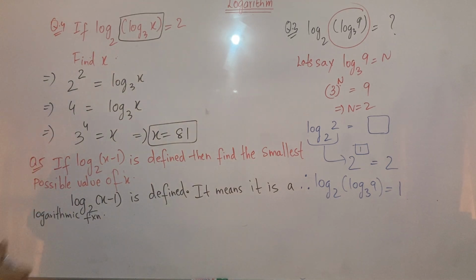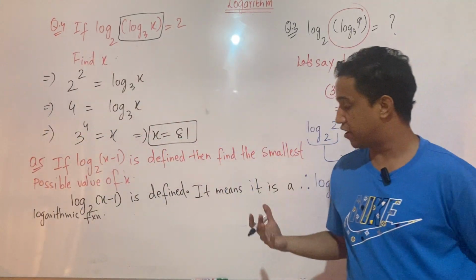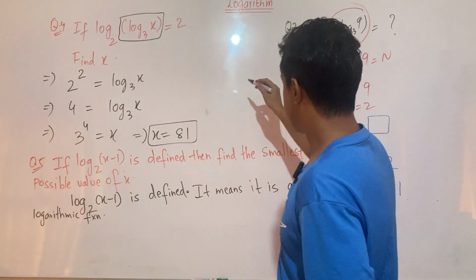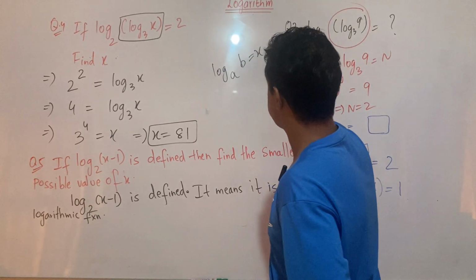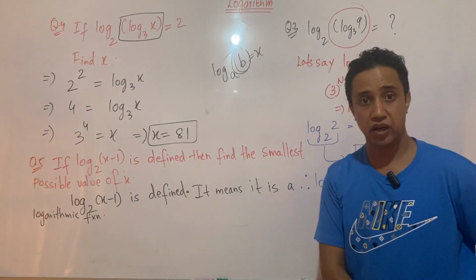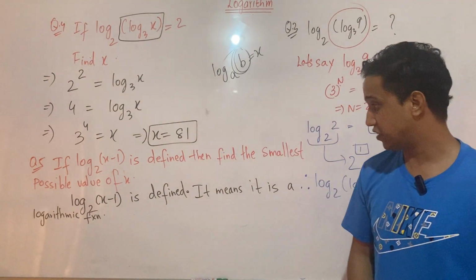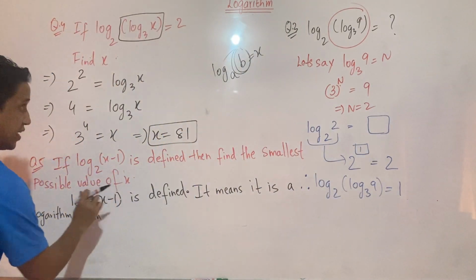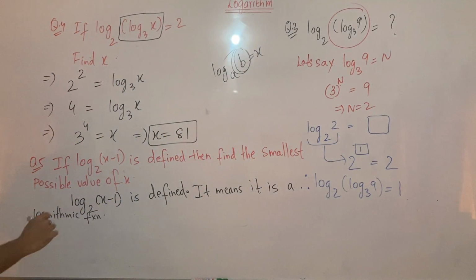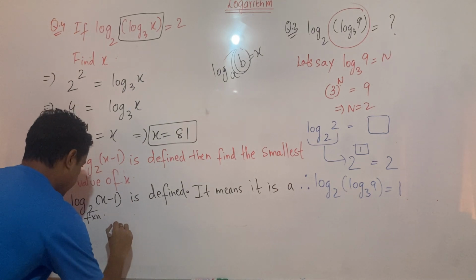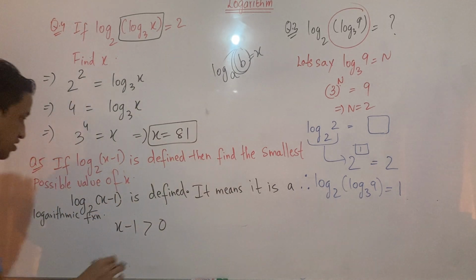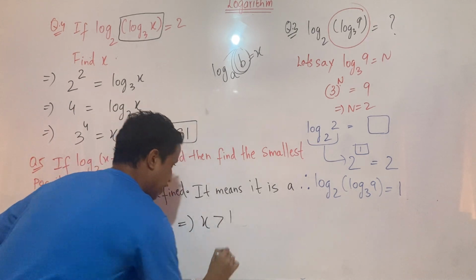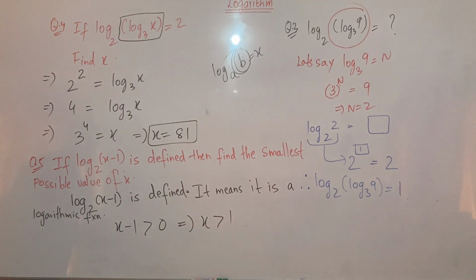Now if it is a logarithmic function, then by definition, log of b to the base a equals x, provided that this b must be a positive real number, right? So x minus 1 should be greater than 0. What does it mean? It means that x must be greater than 1.